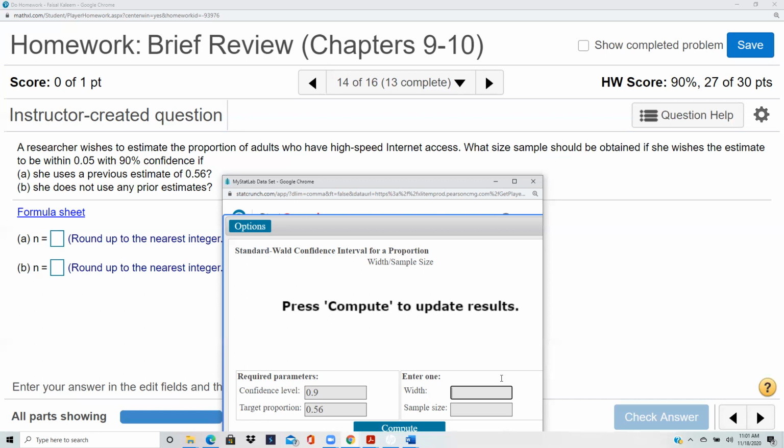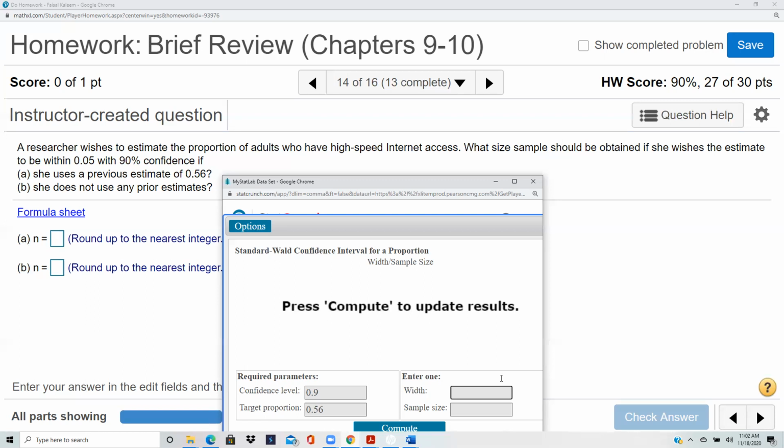How many years does it take? 1. It takes 1 year to go from 17 to 21? Oh, I was thinking 17 to 18. That's 17 to 21. Okay, so it would be 4. 4, yeah. So the margin of error was 2, and the interval width was 4.